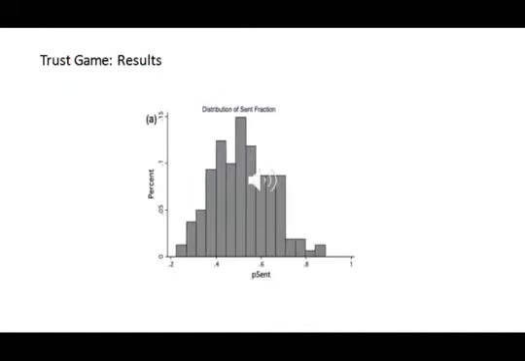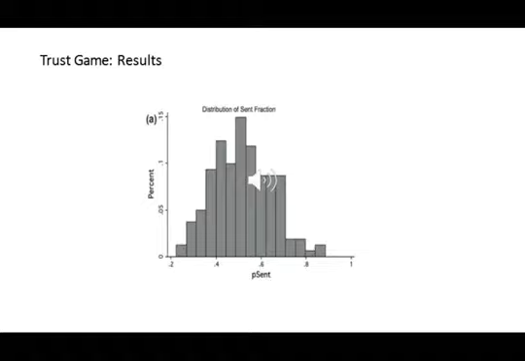This graph shows us the distribution of the percentage of the endowment sent from players A, those who are initiating the trust, who are sending money to the other persons. This is the result from real experiments. As you can see, 50% of persons A sent 15% of their endowment to the other person, which is the highest bar in the middle.